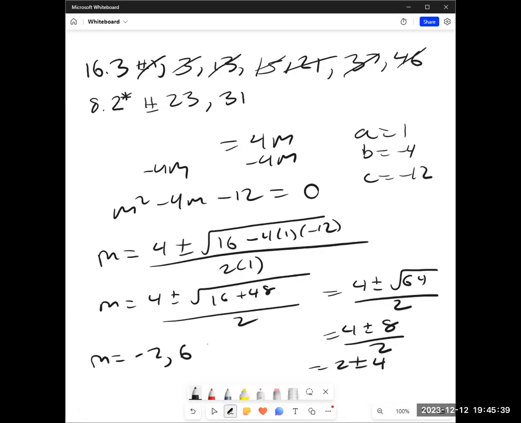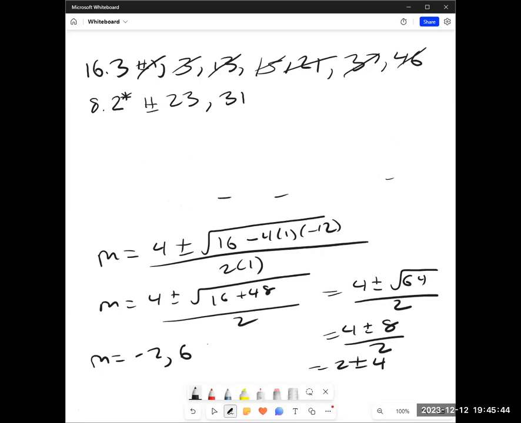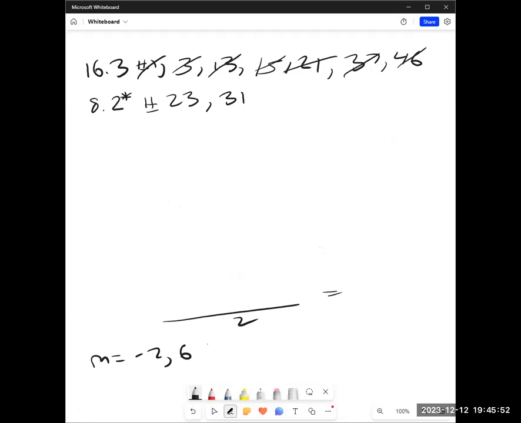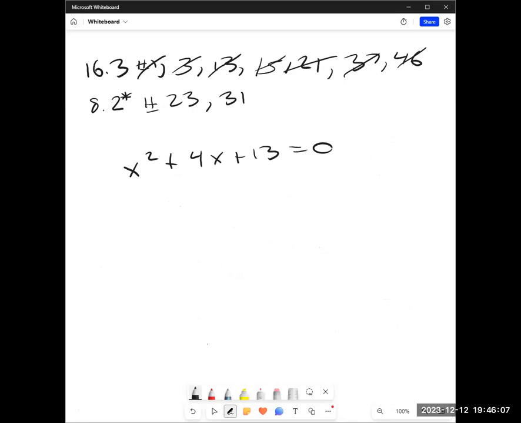All right, let's clear this out. And let's look at this next one. X squared plus 4x plus 13 equals 0.